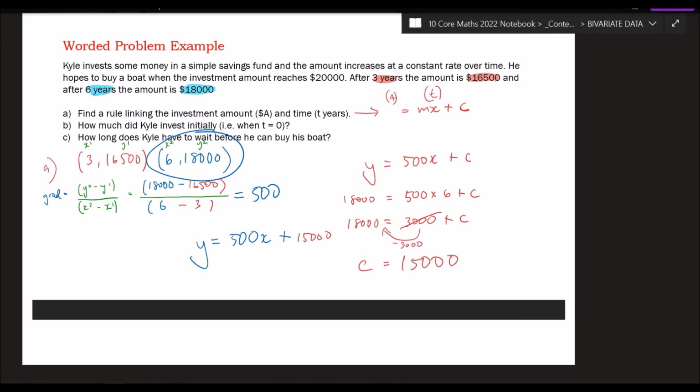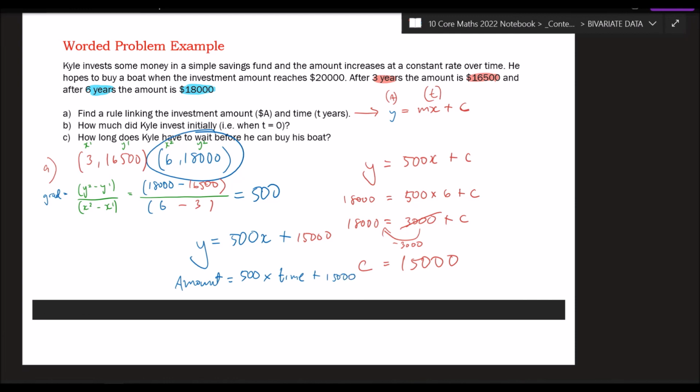Now, this is more of a year 11 thing. In year 10, we'd like you to be able to do it. So just change y to amount equals 500 times time plus 15,000. That's the official rule for his investment.